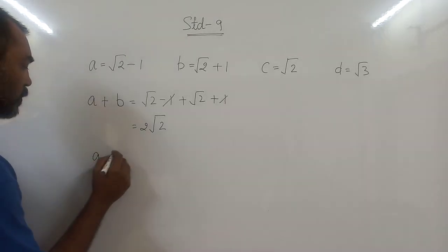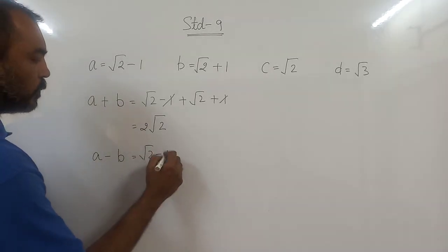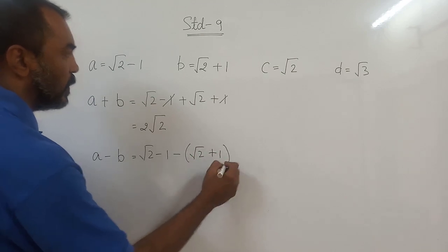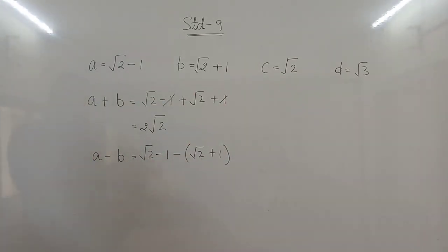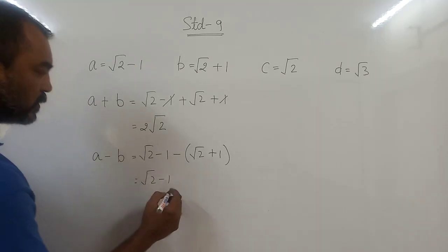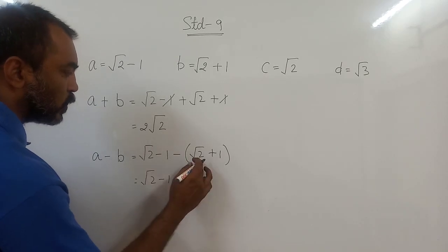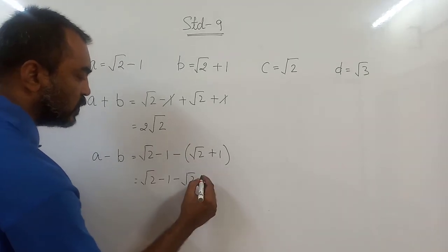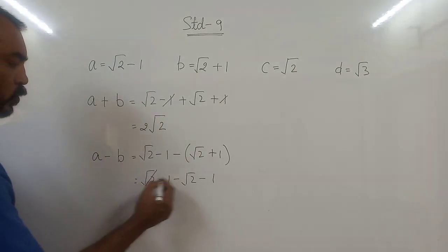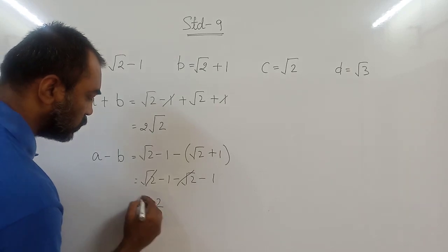Let me subtract A minus B. So I have root 2 minus 1 minus, I put the bracket here. Remember the bracket is important because the signs will change. When I open the bracket, I get root 2 minus 1, and because of the minus sign, root 2 positive becomes negative, plus 1 becomes minus 1. Now root 2 and minus root 2 get cut, and minus 1 minus 1 is minus 2.